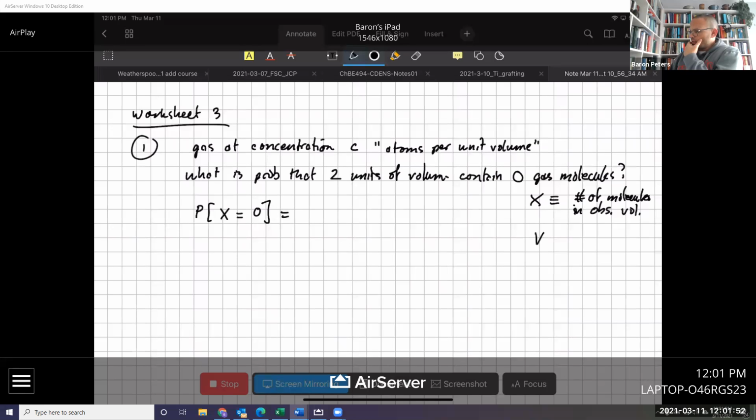Let's let V be our unit of volume. So if we have 2 units of volume, then, I'm starting to write the answer here. What is it going to be?